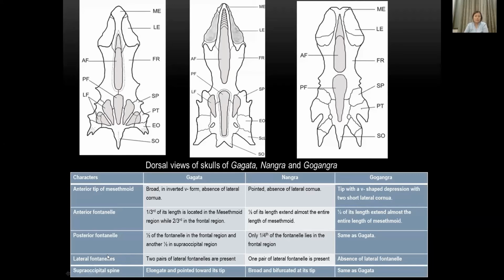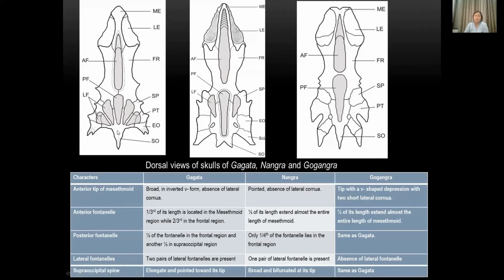But when we come to the lateral fontanel, in case of Gagata there are 2 pairs of lateral fontanel. In Nangra, we have only 1 pair of lateral fontanel. But the lateral fontanel is absent totally from Gogangra.